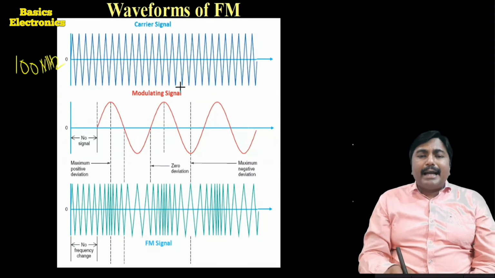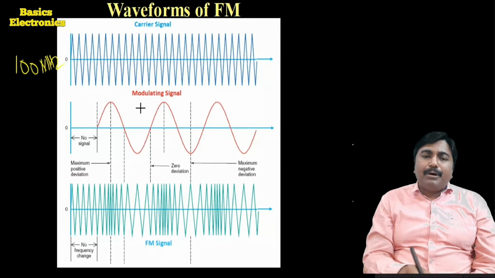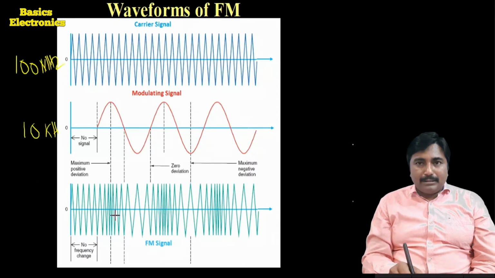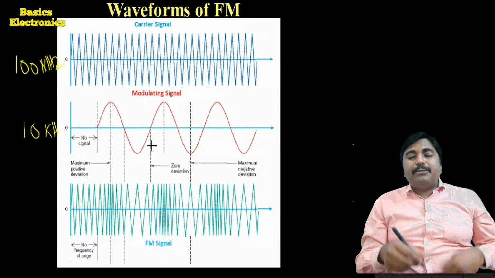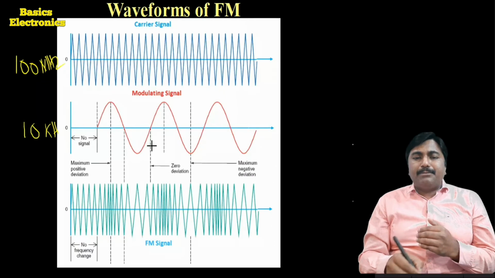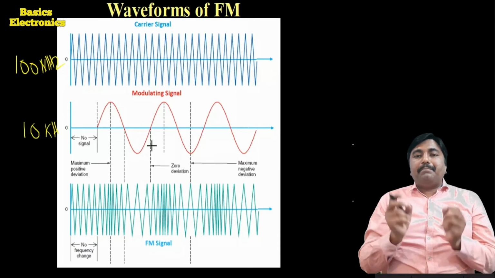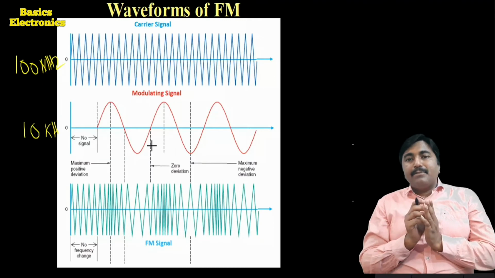The sine wave modulating signal, the information signal, has a frequency of 10 kilohertz. Then after the modulation, whatever frequencies we get, we will write down after one term. Here the frequency deviation is there.